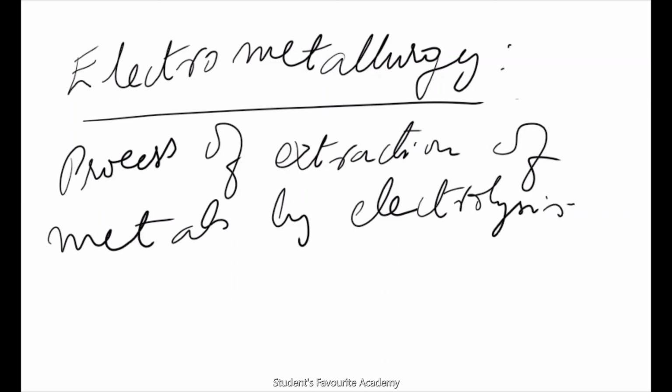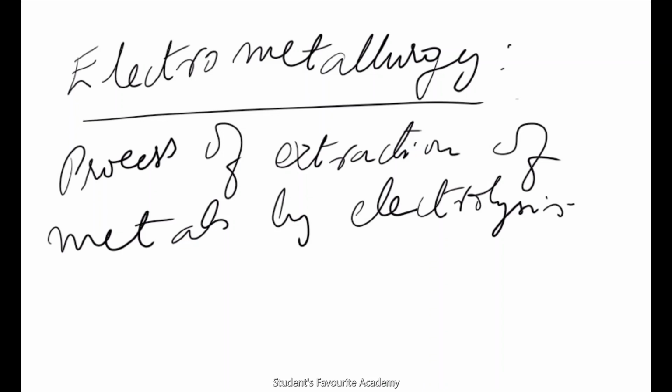Now here, reactive metals are usually extracted from their halides, that is chlorides, bromides, etc., by electrolysis using inert electrodes. The cathode is usually made of iron and the anode of graphite, so they are inert electrodes.